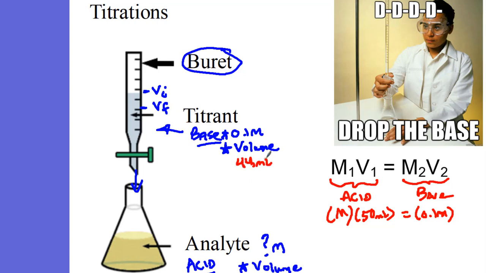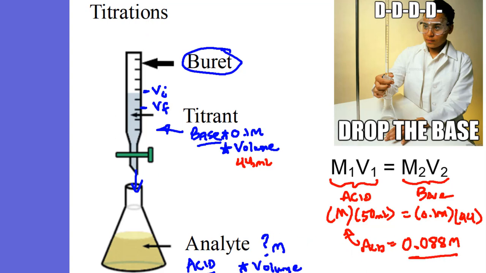Remember, that was the change in the volume, 44 milliliters. So I put 44 milliliters right here. This is a pretty easy math problem: 0.1 times 44, divided by 50, and I end up getting the concentration of my acid being 0.088 molar.